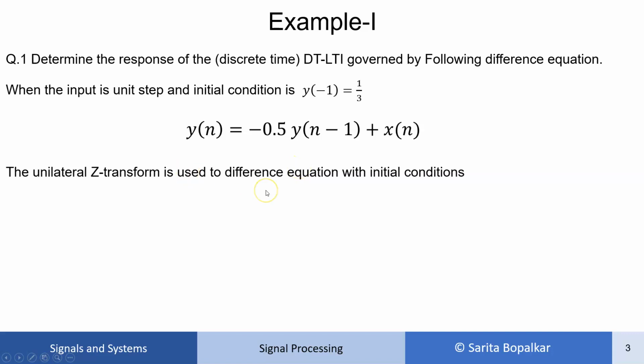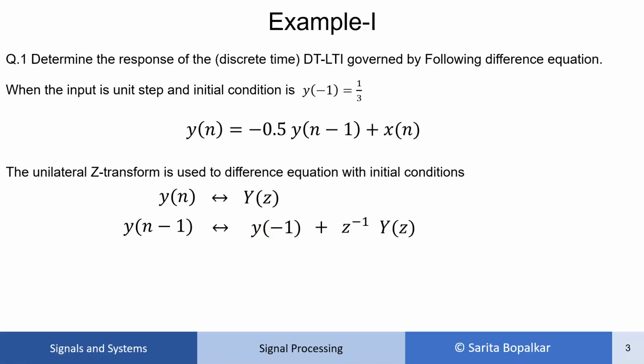So, unilateral Z transform with initial conditions: y of n is the signal, its Z transform is y of z, and when there is a time shift in this y of n, we have to consider the initial conditions to take the Z transform of this shifted signal, that is y of n minus 1. So you start from y of minus 1, which is the initial condition, plus z raised to minus 1 y of z.